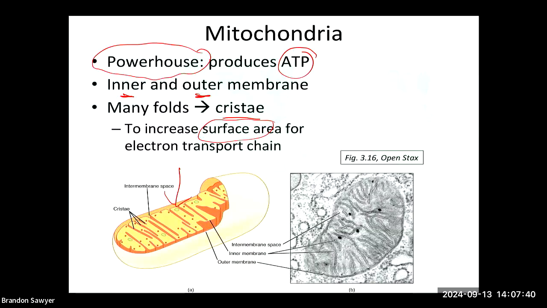If it's just one straight oval-shaped thing, then we would just have that one layer of membrane to plug the proteins in. But since it's folded, that gives us a lot more space to plug all those proteins in. This is where we do oxidative phosphorylation, the electron transport chain, other components of the oxidative system to make ATP, which we'll get into later.